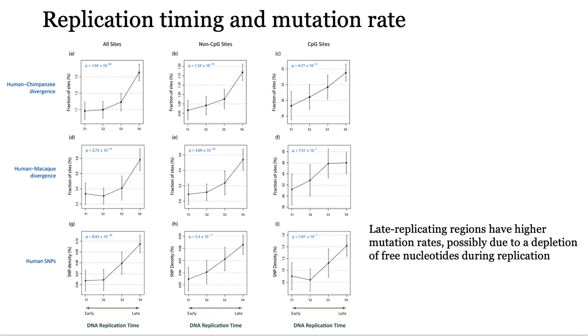Look at differences across different humans or different species, and see how many differences you can observe in different genomic regions with different replication timing. And the pattern is the same. In regions that tend to have late replication, they have a much bigger difference, basically indicating a much higher mutation rate.